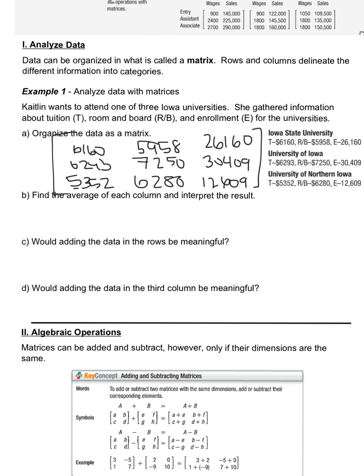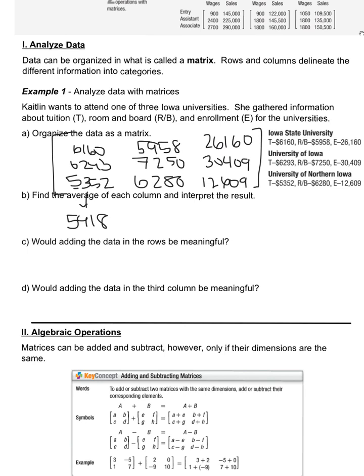So part B says find the average of each column and interpret the result. If I find the average of each column, my first column average is 5,918.